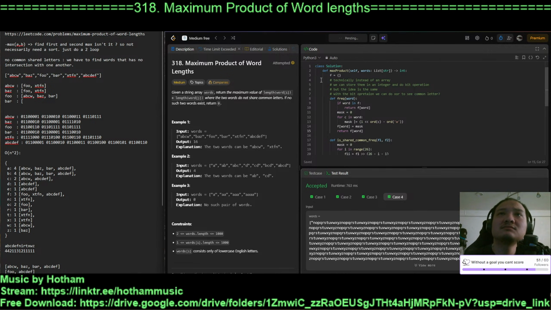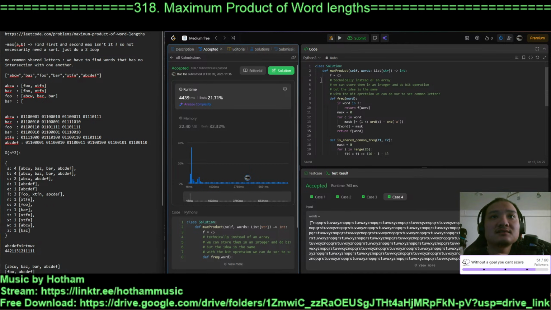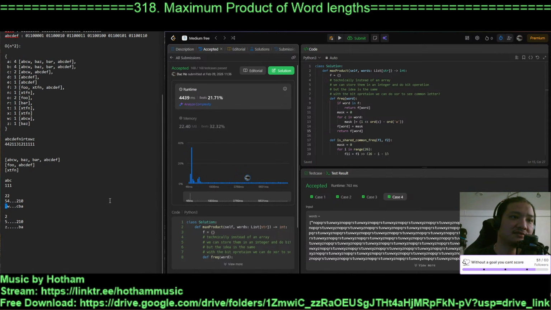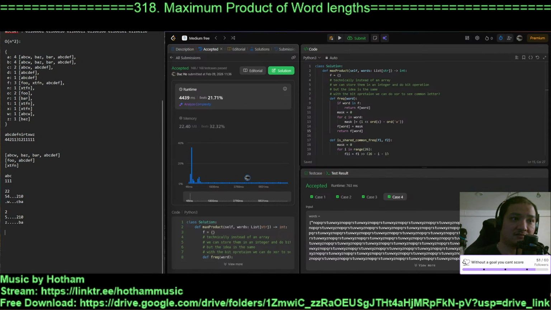Submit. Maybe all we've got to do is just cache stuff. Okay. Lesson learned. Maybe caching stuff. That means we should study cache next, right? Okay.